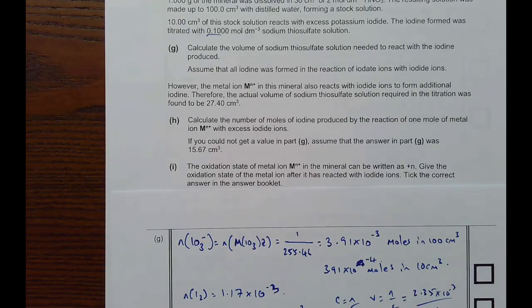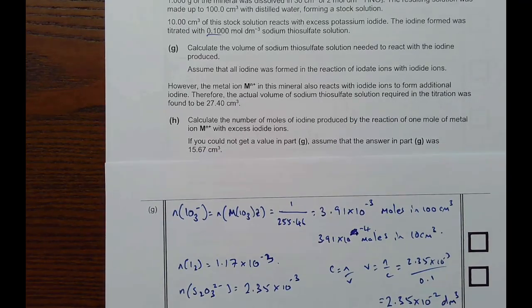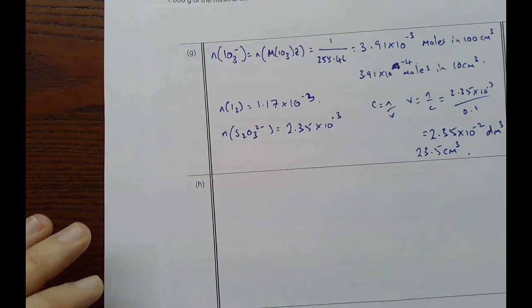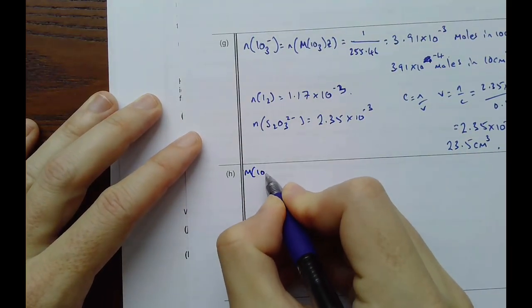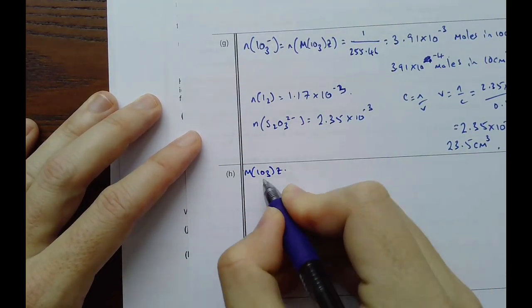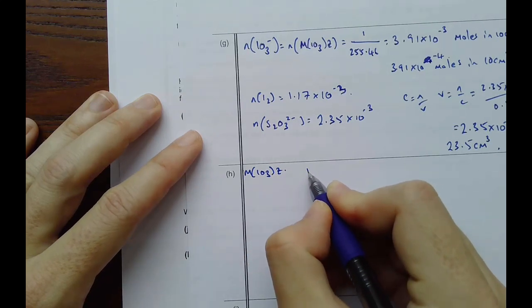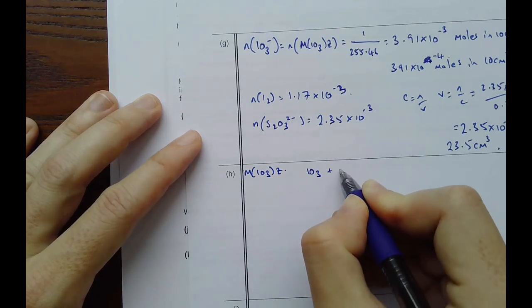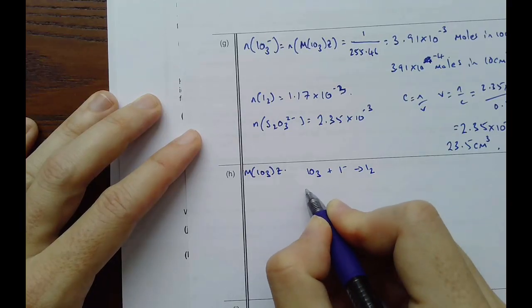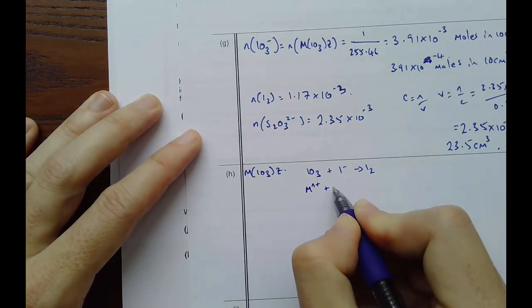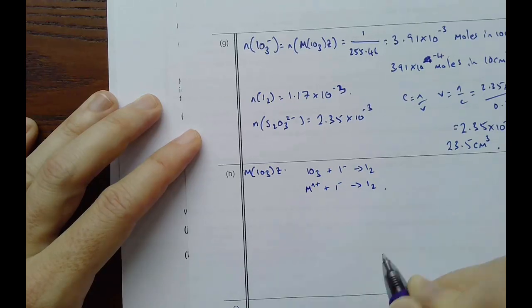Okay, so let's just take stock and try and work out what's happening. So we know that I've got this mineral, MIO3Z. And I know that when I react it, the IO3 is reacting with the iodide to make iodine. But now I've been told that the metal is also reacting to make iodine.